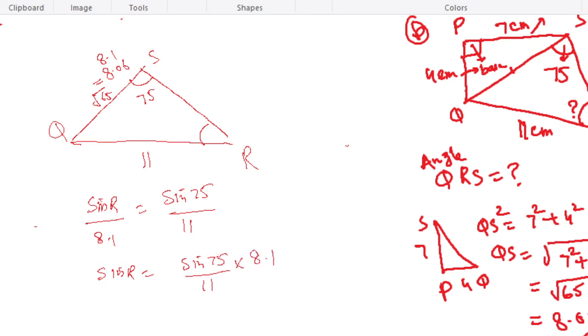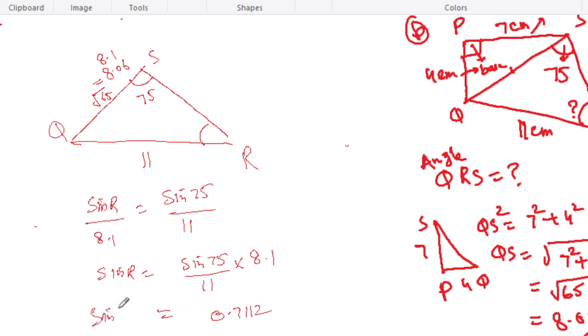So we get sine 75 times 8.1, divided by 11, equal to 0.7112.